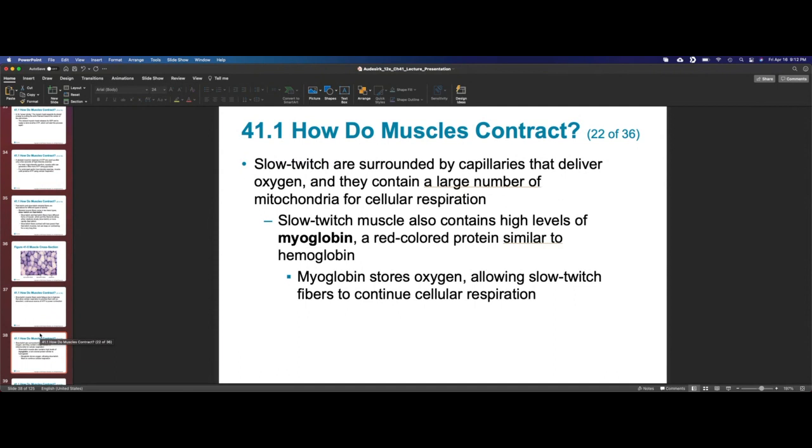They're also going to have high levels of something called myoglobin, similar to hemoglobin, but it stores oxygen. Oxygen is needed because it serves as the terminal electron acceptor in the electron transport chain.